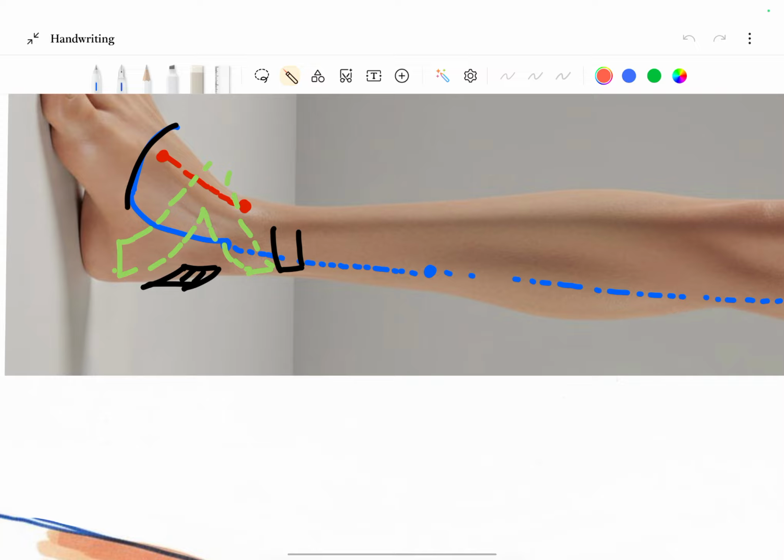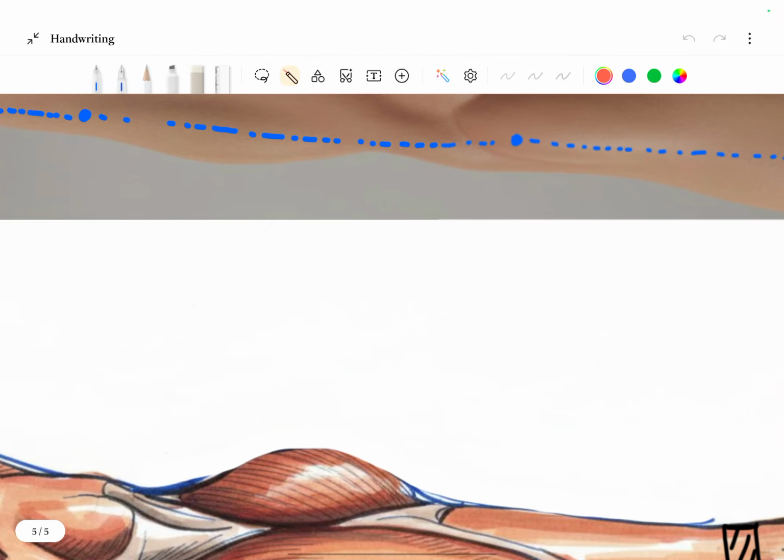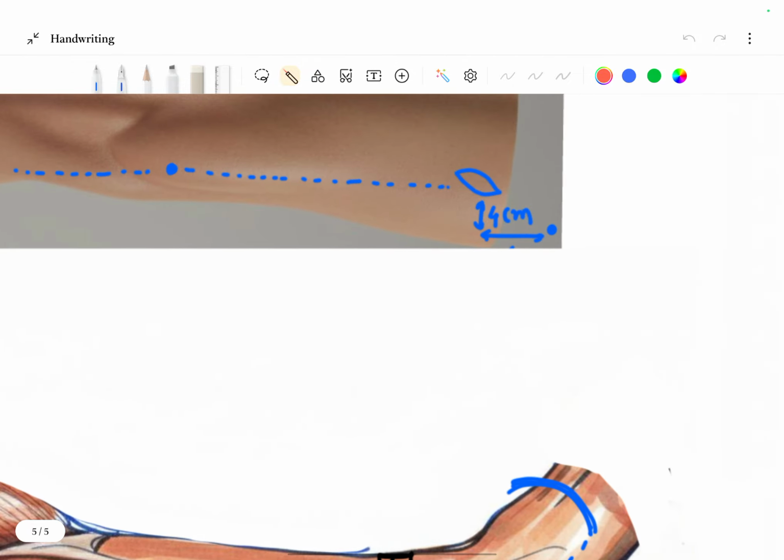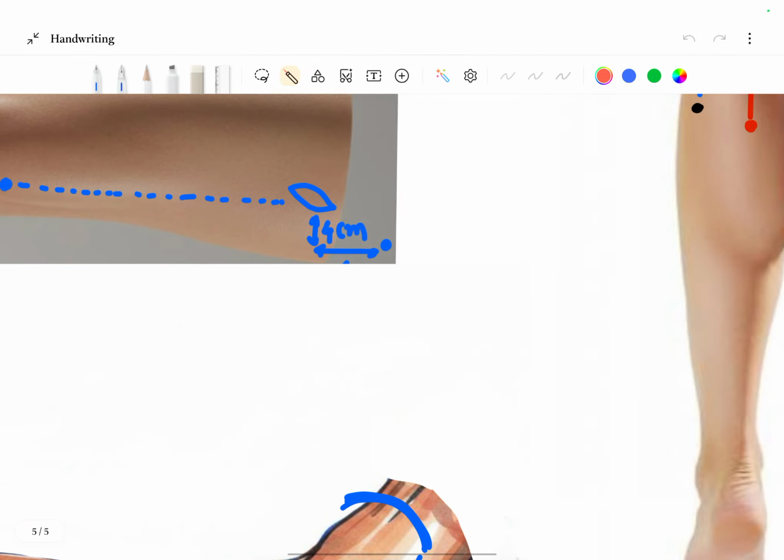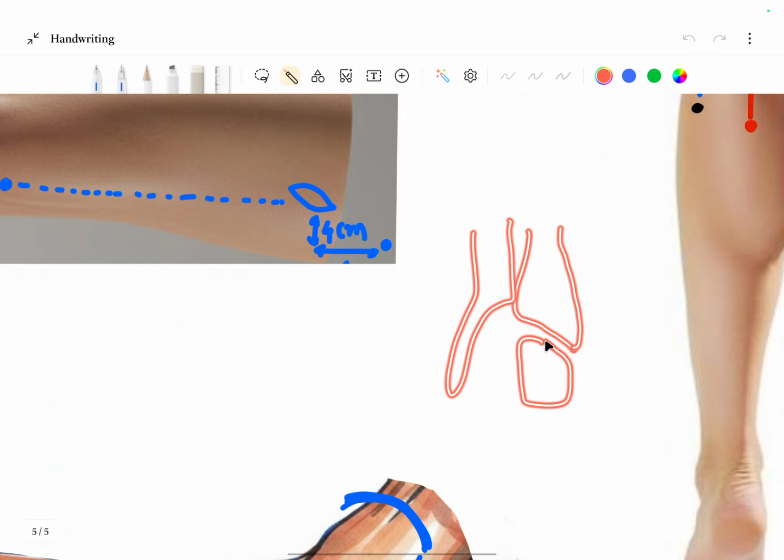Now let us discuss the inferior extensor retinaculum. It is of Y shape. I will roughly draw it here, then I will tell you. Suppose this is your tibia and this is your fibula. Here is your talus and here is your calcaneum.